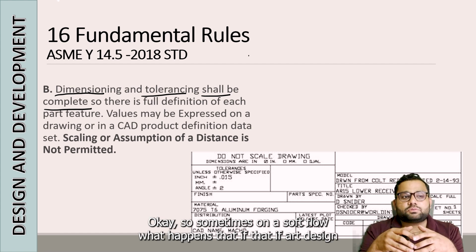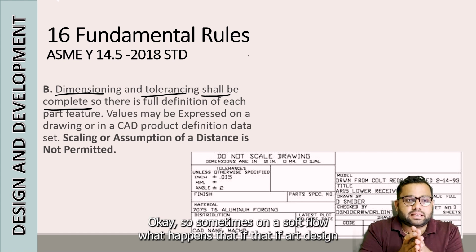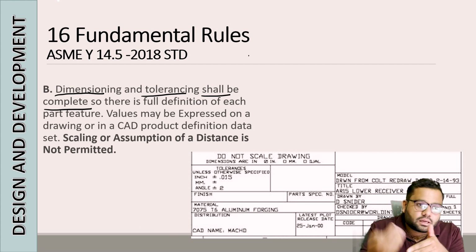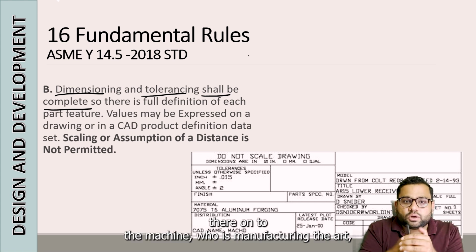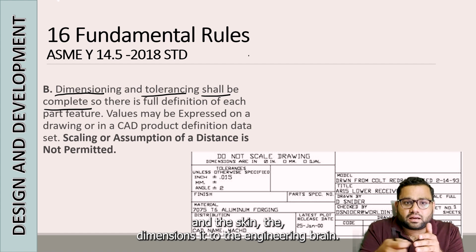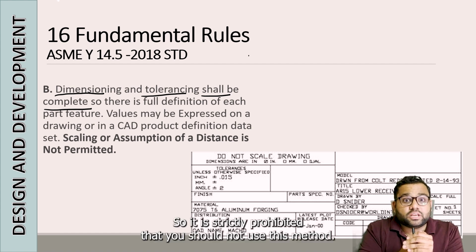Sometimes on the shop floor, if our design engineer has missed some dimensions on the engineering drawing, the person at the machine who is manufacturing the part uses an engineering scale to scale the dimensions from the drawing. It is strictly prohibited to use this method.